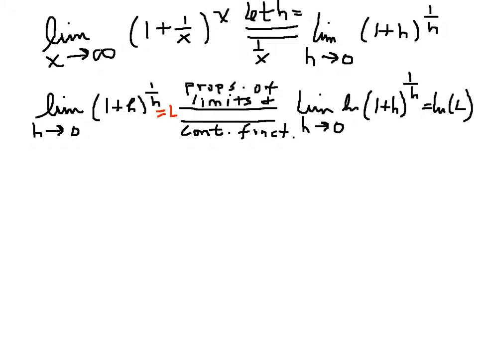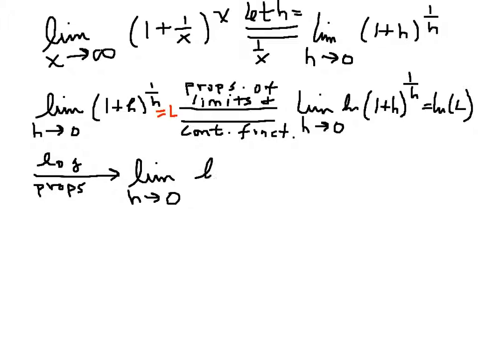Okay? So now I can make use of the properties of logs, a rule that some of my students call the down in front rule, and we can write this ln as the ln of 1 plus h times 1 over h, or just over h.